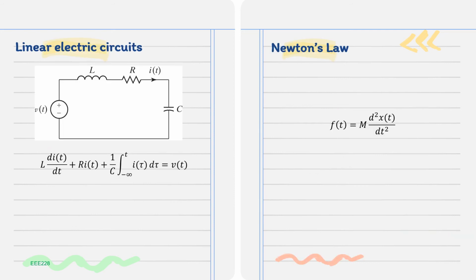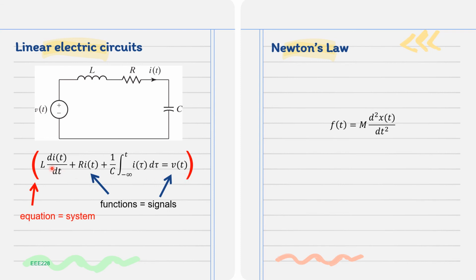So let's look at linear electric circuits first. This is a simple LRC circuit. Here we have a first order differential equation for this LRC circuit. You see here, i(t) and v(t), these are functions or signals where the independent variable is time.